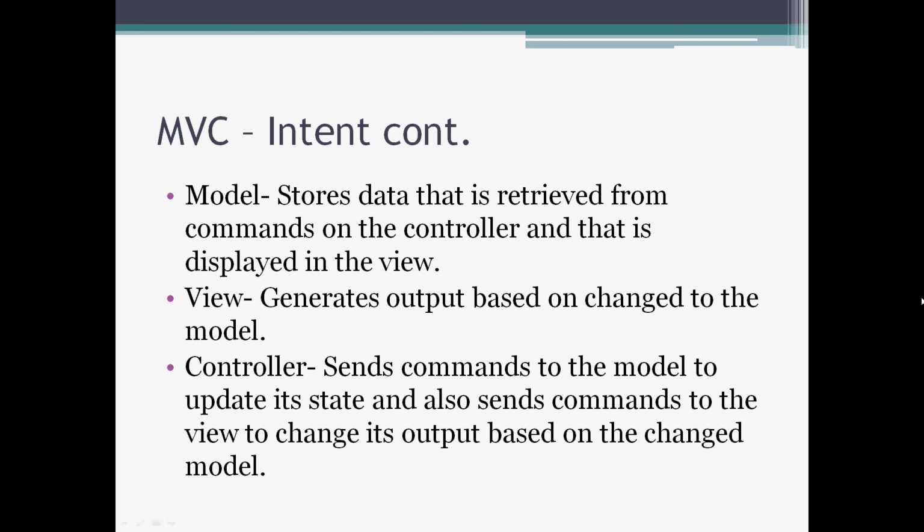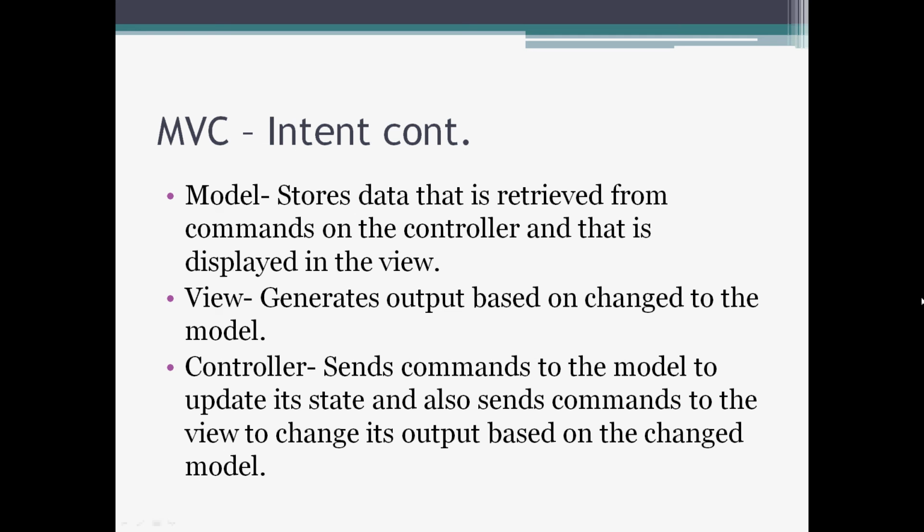So you see a real division of labor here. The model is what data is actually being accessed and stored. The view just handles output. It doesn't do anything with regards to data manipulation. And the controller just forwards commands from the user to the correct, either the model or view, depending on what the user asks for.